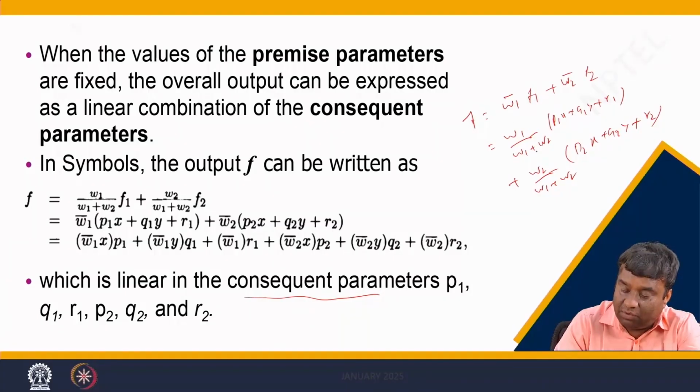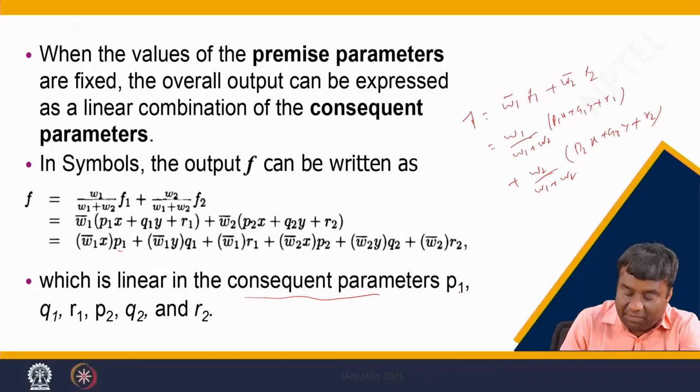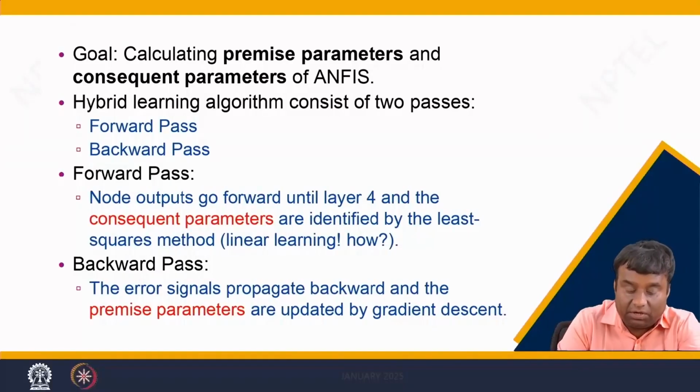If you put the values here, you will get w1 bar x p1 plus w1 bar y q1, w1 bar r1, w2 bar x p2, w2 bar y q2, w2 bar r2, which is linear in the consequent parameters P1, Q1, R1, P2, Q2 and R2. So the goal is calculating the premise parameters and consequent parameters of NFIS.